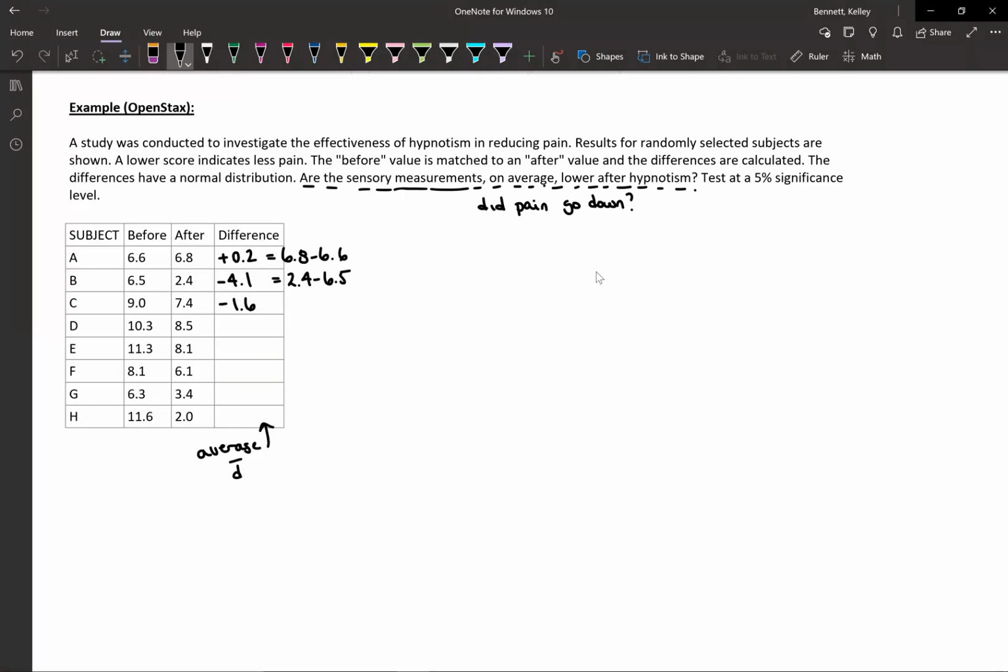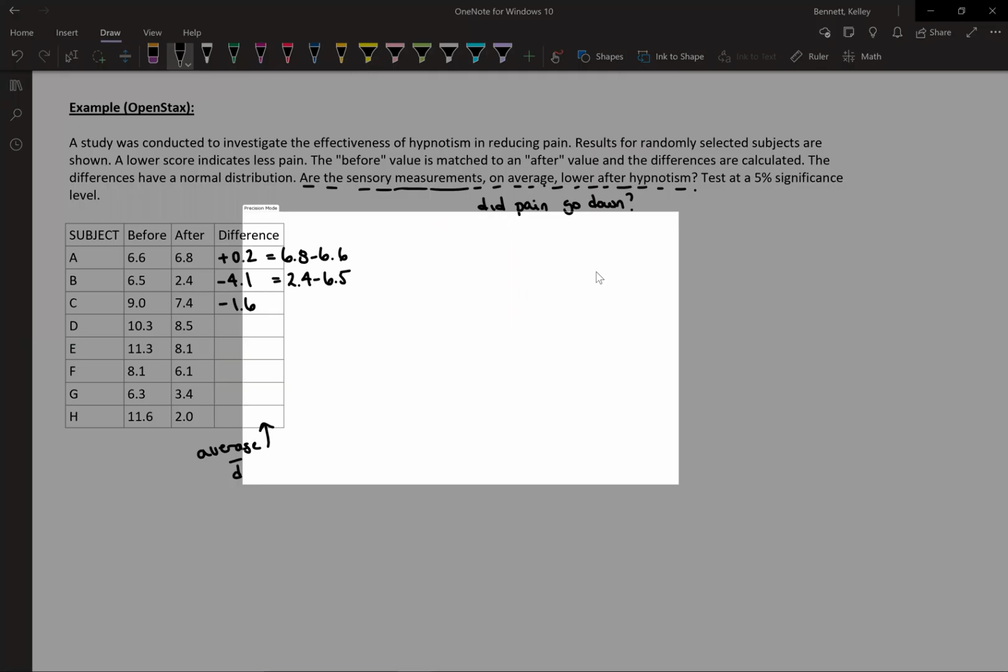All right, well, for this one, let's just set it up like this. We're going to assume that did pain go down means that mu D is less than 0, right?